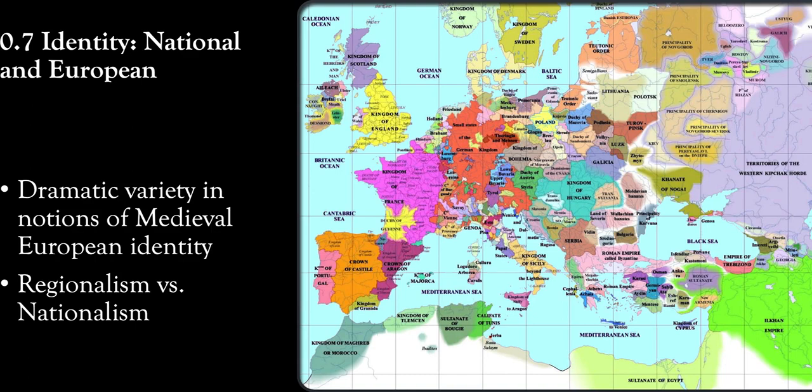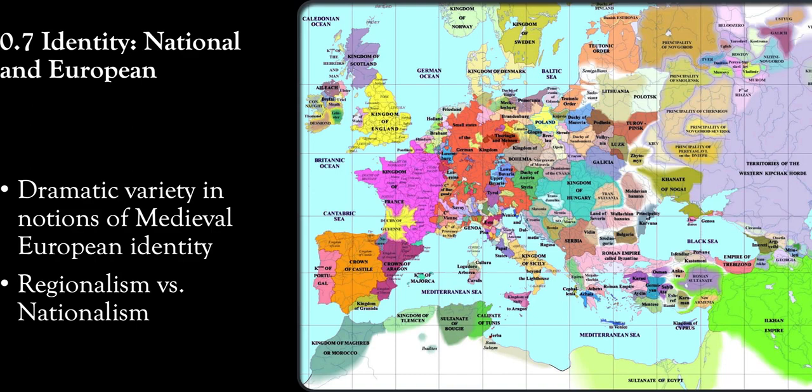Now, another interesting issue with identity in Europe is this idea of regionalism versus nationalism. Nationalism refers more to sort of patriotic loyalty to a specific state. And in the modern era, we see the creation of these nation states. But Europe traditionally is very regionalized, meaning, let's say you live in Italy.